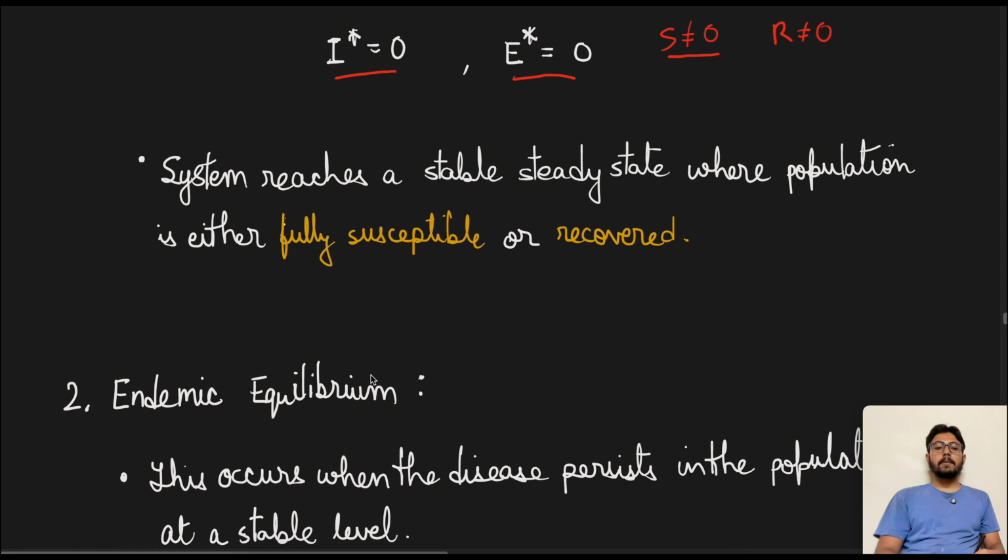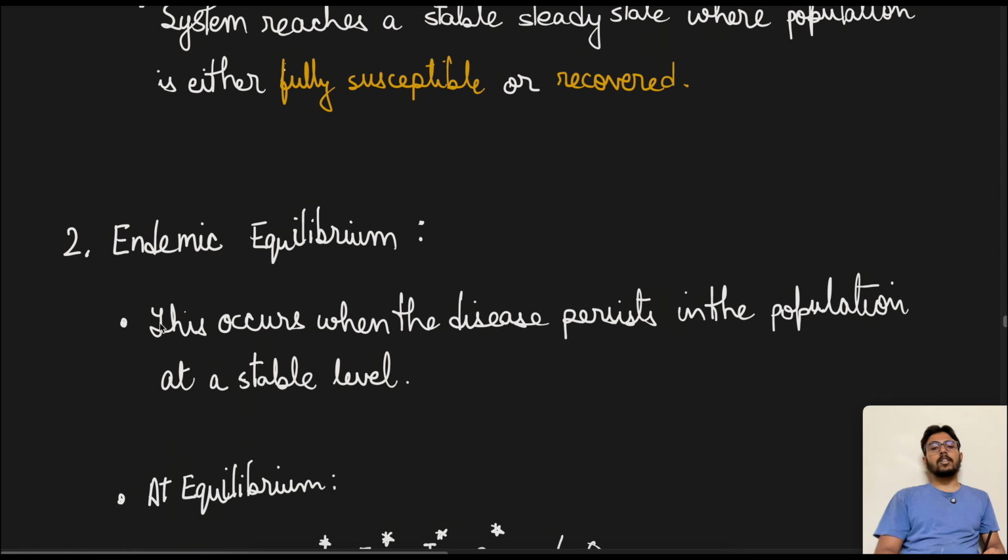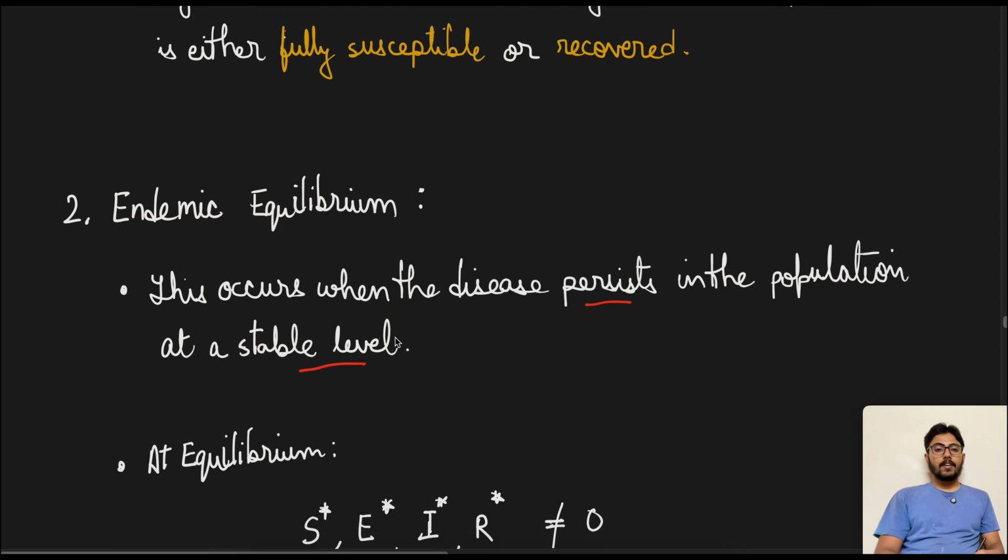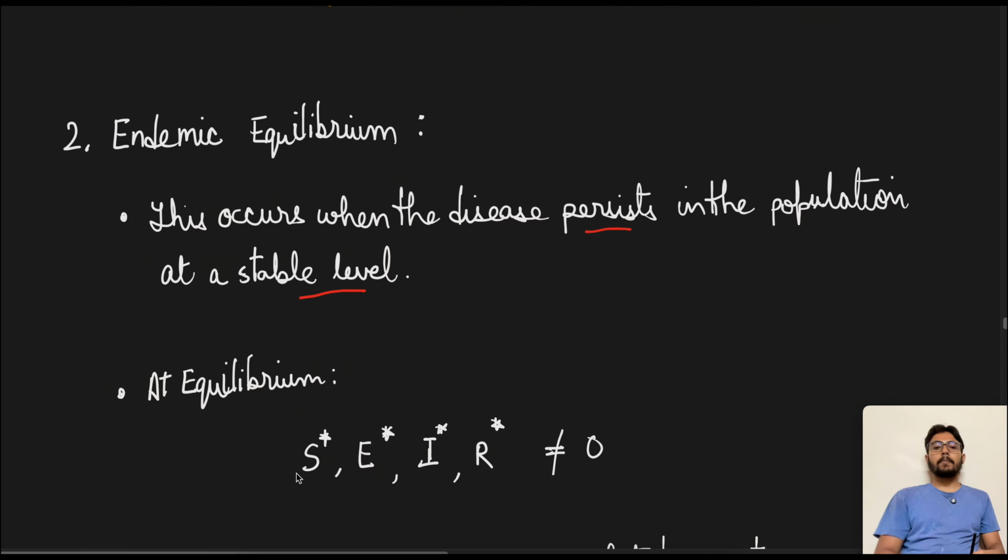Next is the endemic equilibrium. This occurs when the disease persists in the population at a stable level, and if we think about it, at equilibrium S, E, I and R, none of them will be equal to 0, because there will always be some persons who are susceptible, some who are exposed, some who are infected, and some who have just recovered, right?